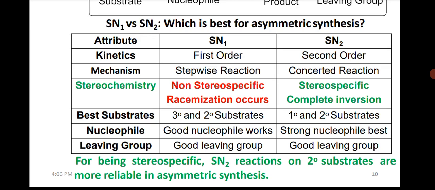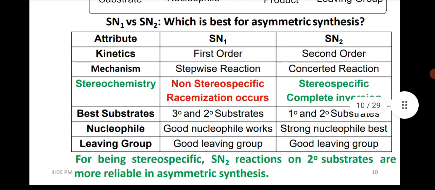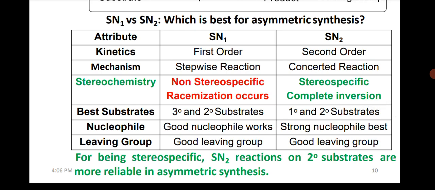Being stereospecific, SN2 reactions on secondary substrates are more reliable in asymmetric synthesis. We concluded that and highlighted it with green.